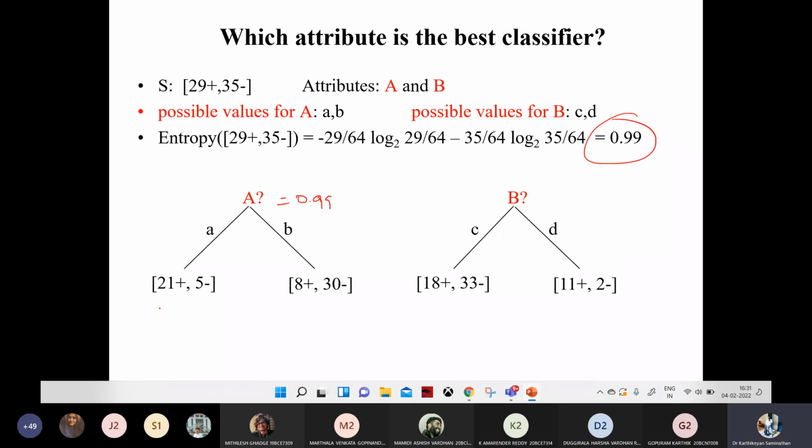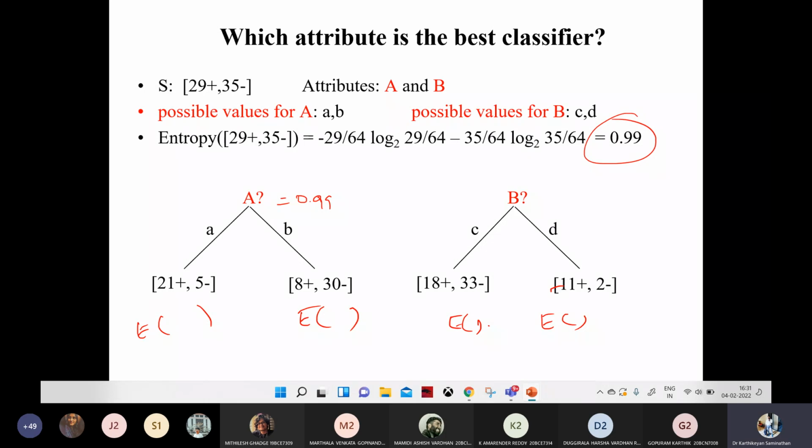Now you need to calculate the entropy of this, this, and this. So what is the entropy of 21 plus and 5 minus, and 8 plus 30 minus? Can you calculate and tell me?